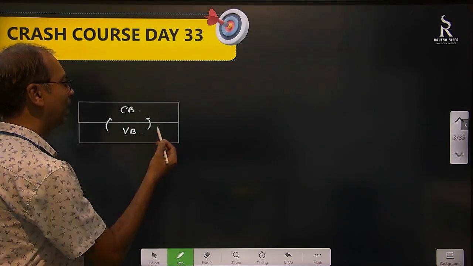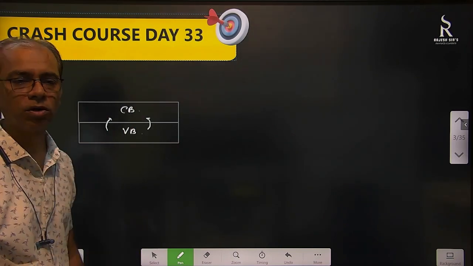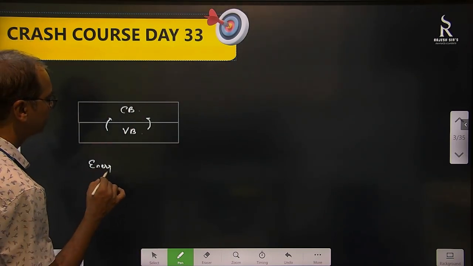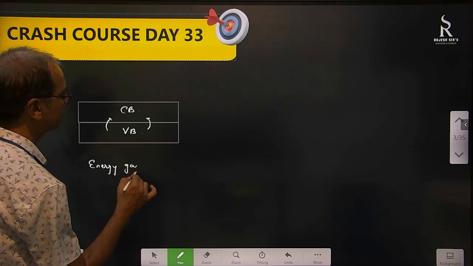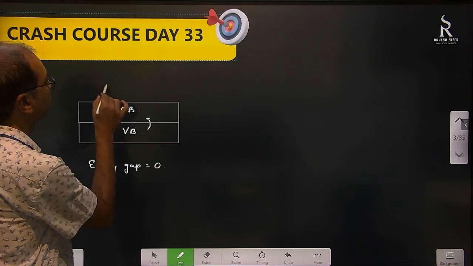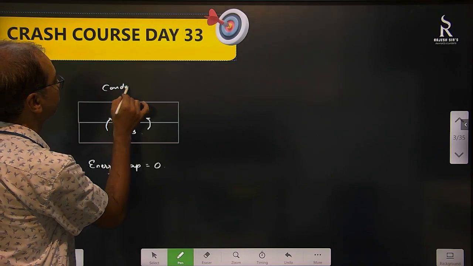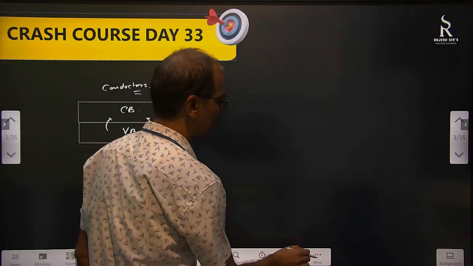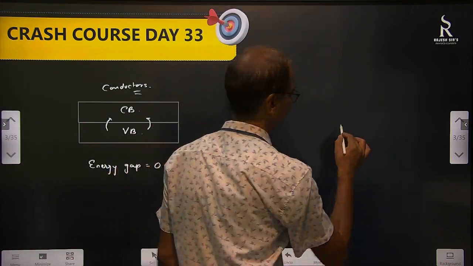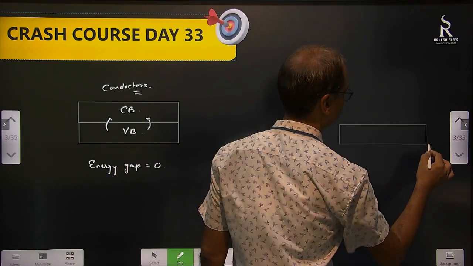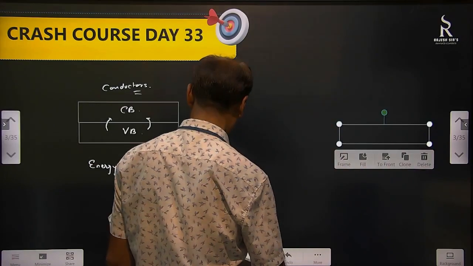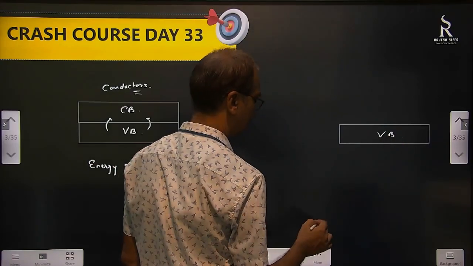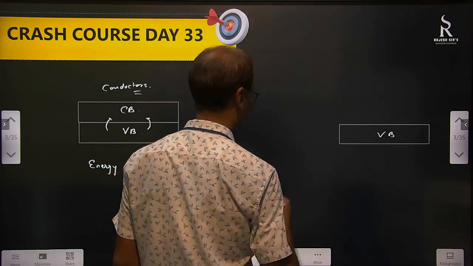The gap between the conduction band and valence band is called the energy gap. So the energy gap is not there in conductors. Whereas for insulators there is a huge gap. This is the valence band, and similarly we will have a conduction band.